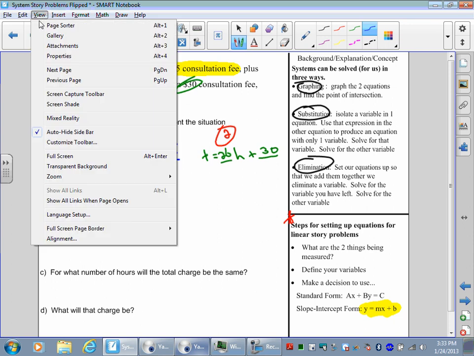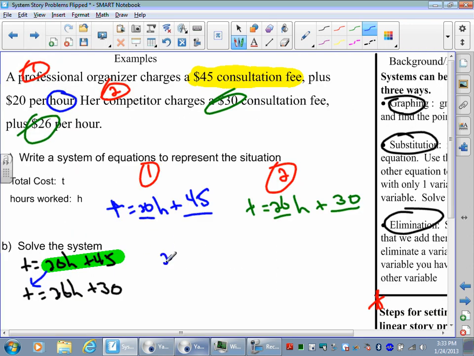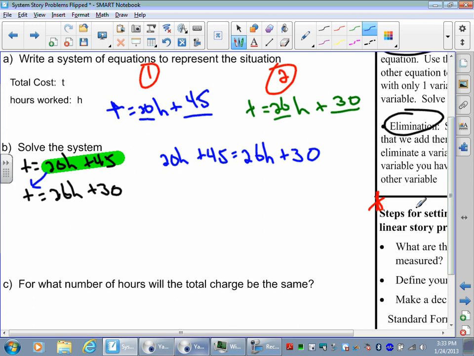So the equation, and I'll make it a little bigger here now, becomes 20h plus 45 equals 26h plus 30. And now I need to solve that for h. Well, I'm going to move these 20h's over here by subtracting them from both sides.